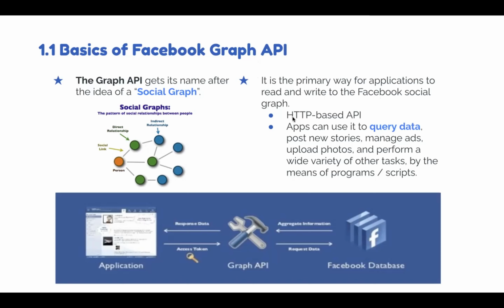This API is an HTTP-based API, which means it uses Hypertext Transfer Protocol as a communication protocol. And in order to get the data, you need to create an application as well. Applications can use this API to send a request from the client and get the information stored on the server. So we can use it to create data, post new stories, manage ads, and finish other tasks.